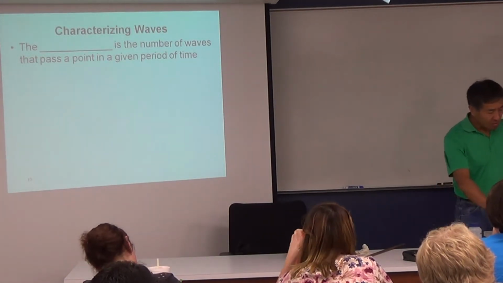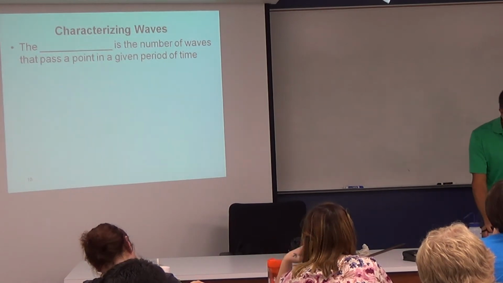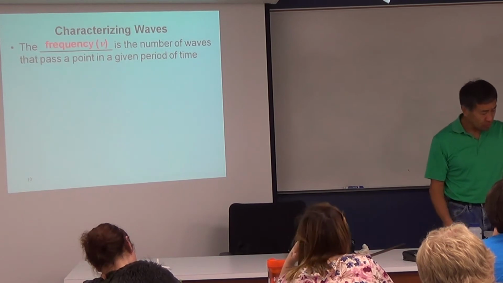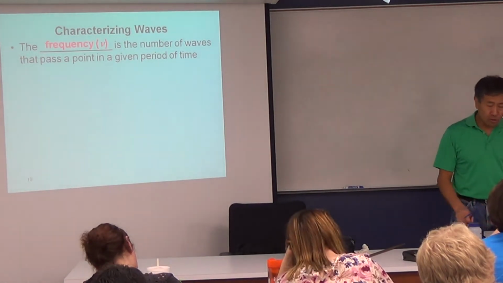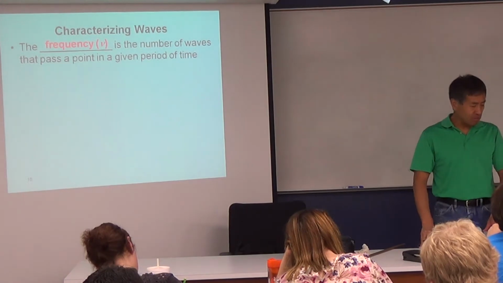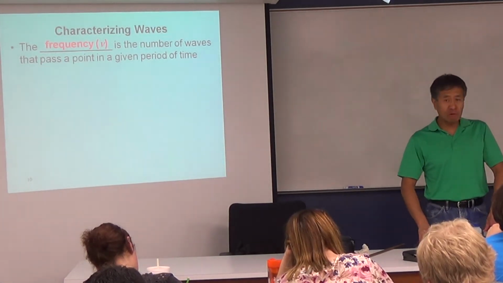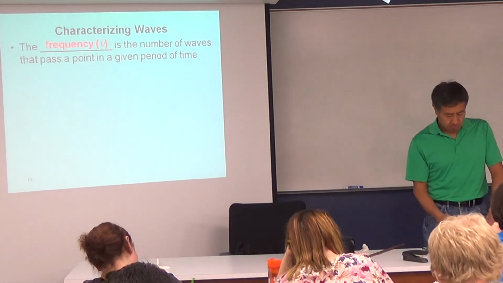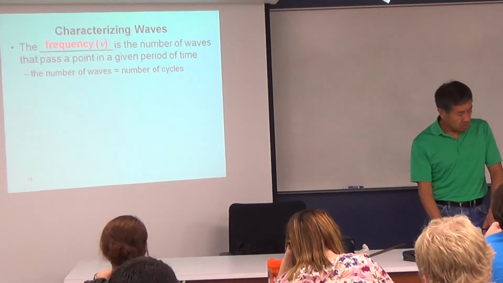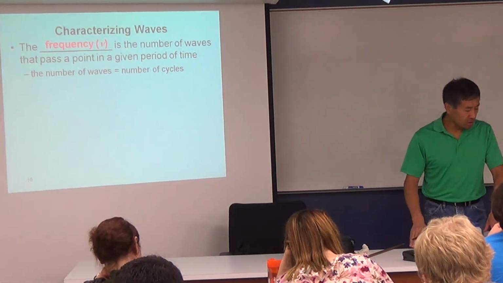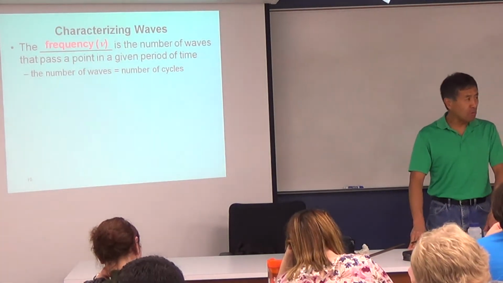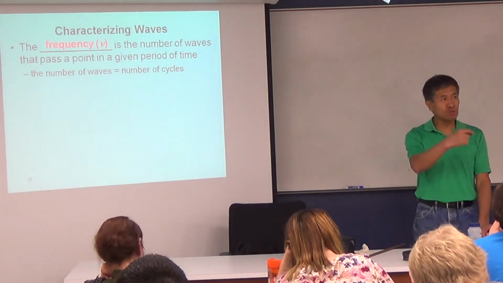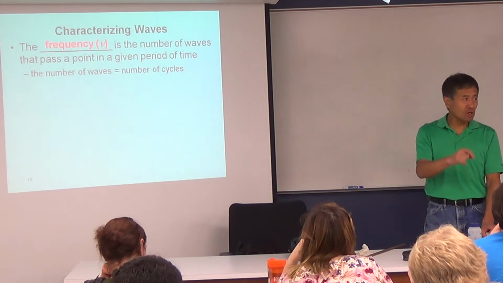Right. So another very important characteristic is frequency. Frequency is the number of waves that pass a point in a given period of time. Or you can think about how many circles, because a wave can be produced from one circular motion.